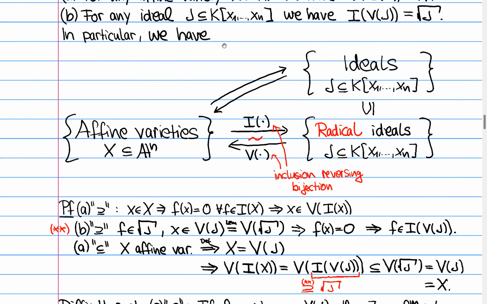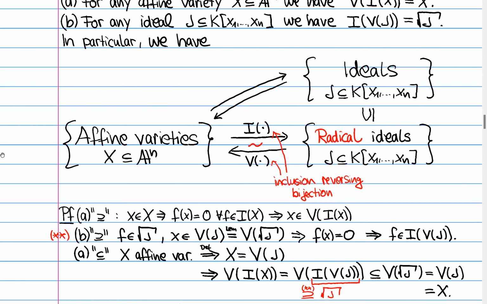With this we have to plug in. So because X is an affine variety, just by definition, we can write it as V of J for some ideal J. And so then computing V of I of X, we have this is V of I of V of J. Here we plug this in.